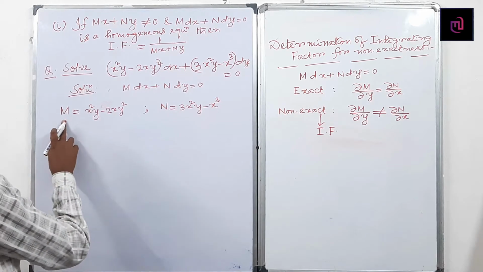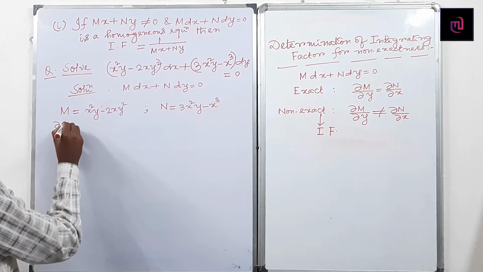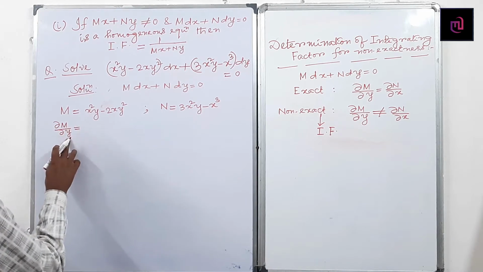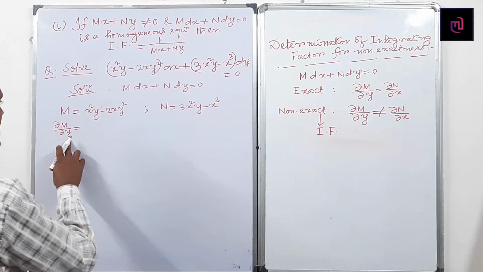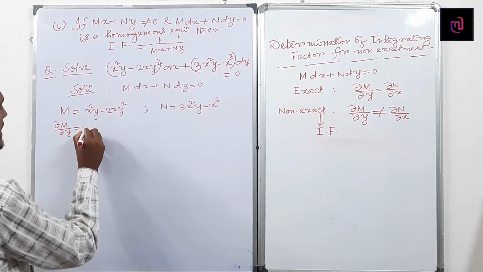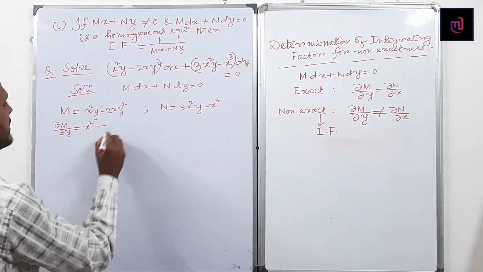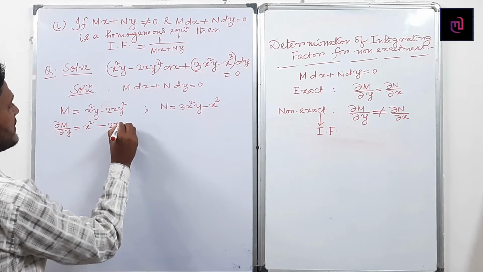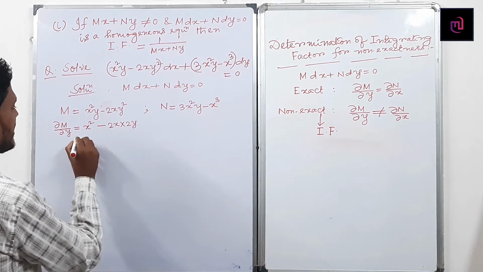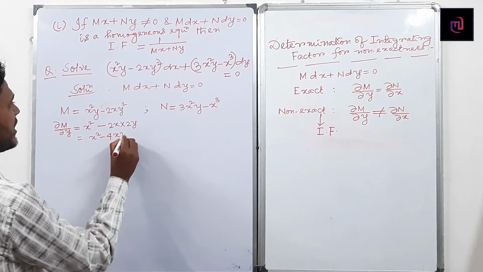Taking partial derivative with respect to y, x is constant. So x square into del y of y becomes 1, minus x constant, del y of y square, that means 2y. Finally del M by del y is x square minus 4xy.